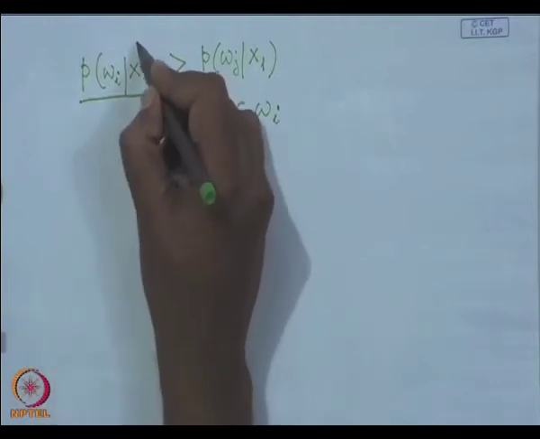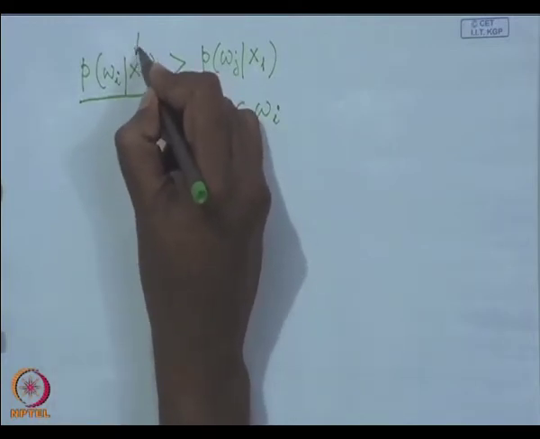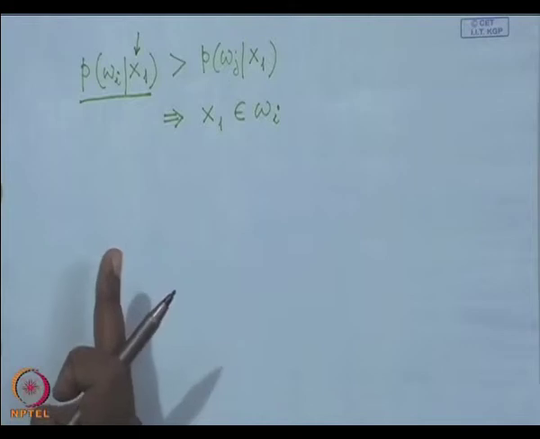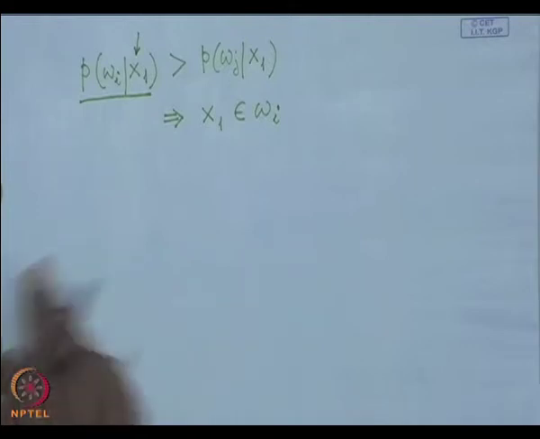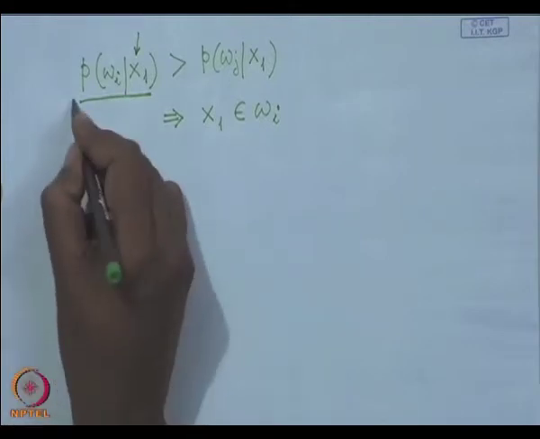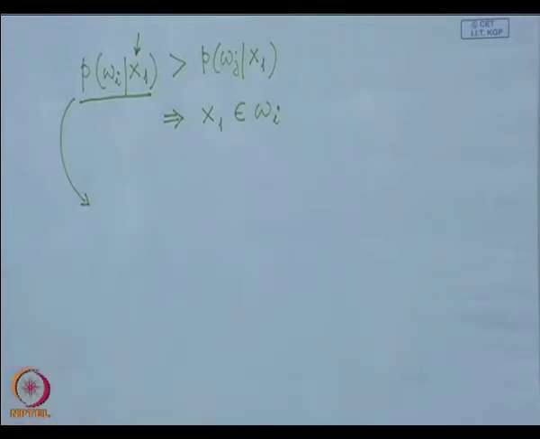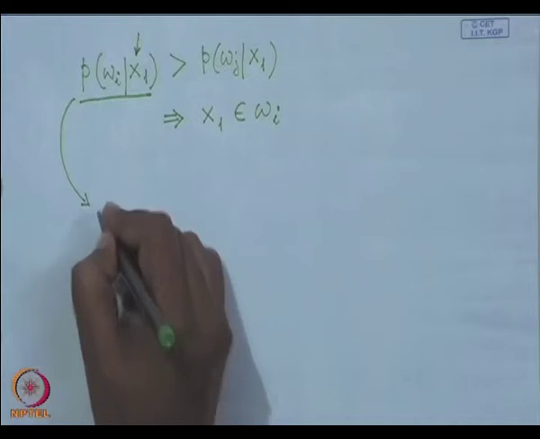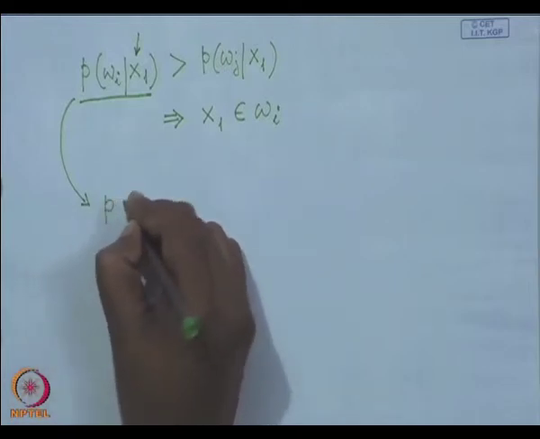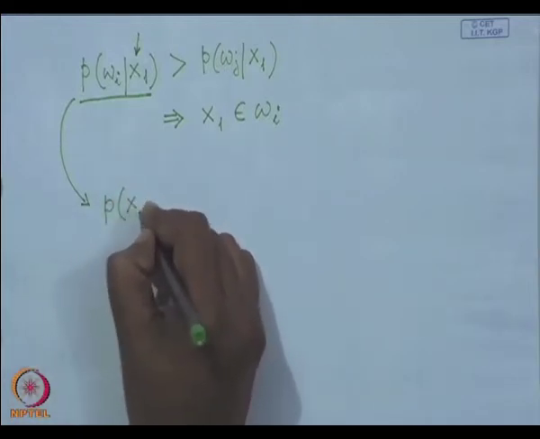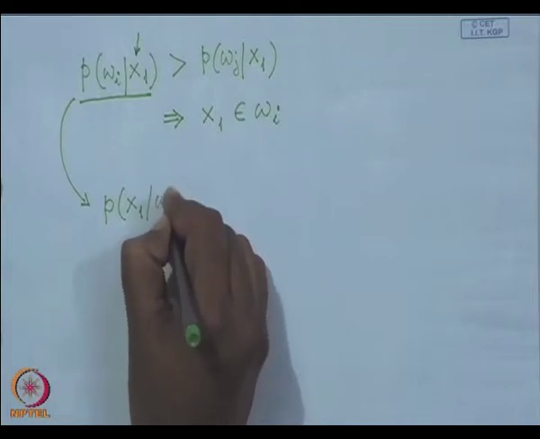I need to compute this value only for this unknown sample x 1, and to compute this, the probability density value that I have to use is P of x 1 given omega I.